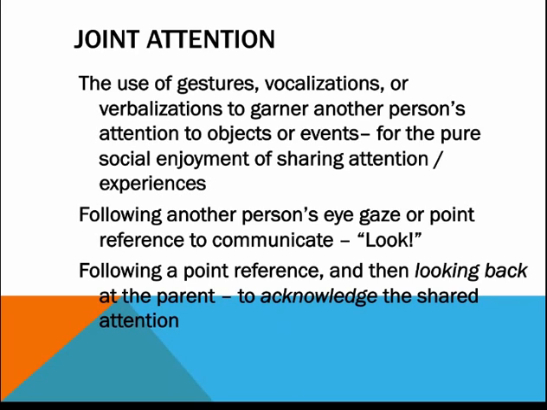I can do it vocally by making a gasping sound, and people will look at what I'm looking at, or verbally by saying, look, or I can point and say, look. And again, it's for the pure social enjoyment of sharing attention. I just want someone else to look at what I'm looking at. I'm not pointing at something to get my wants and needs met. That is not joint attention. That's something entirely different. So that's, again, joint attention developed by 12 months of age in neurotypically developing babies.